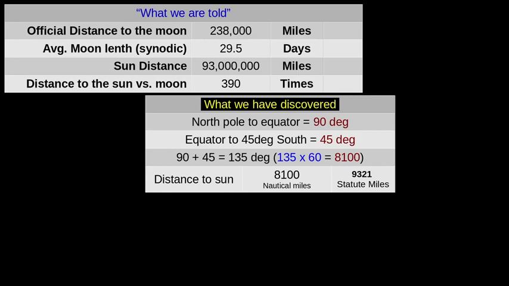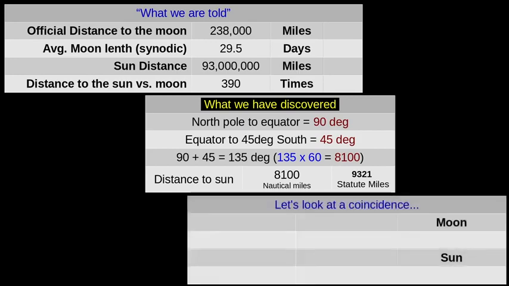So if we add them up, we have a total of 135 degrees. 135 degrees times 60 nautical miles, because 1 degree is equal to 60 nautical miles, comes out to 8,100 nautical miles. So according to this, the sun at the equator is 8,100 nautical miles, or 9,321 statute miles, up in the sky. So now let's look at a little coincidence.